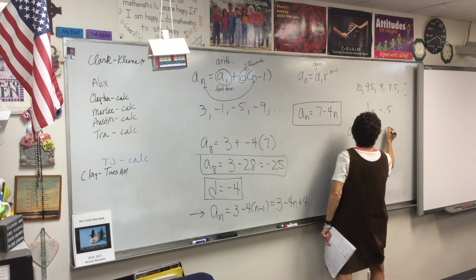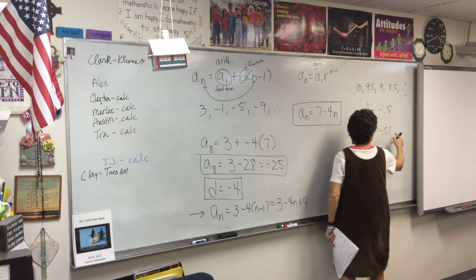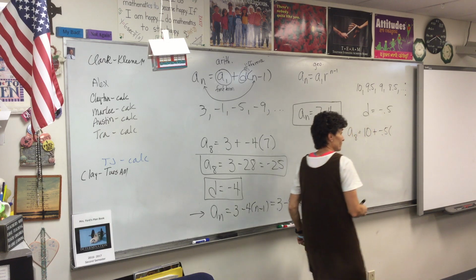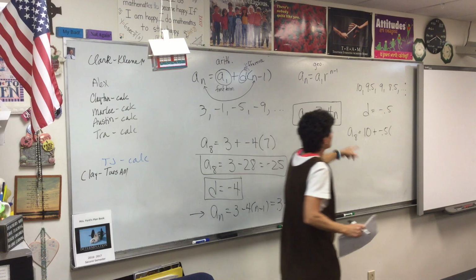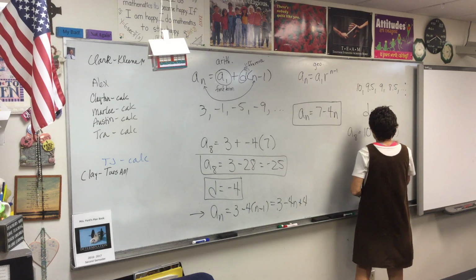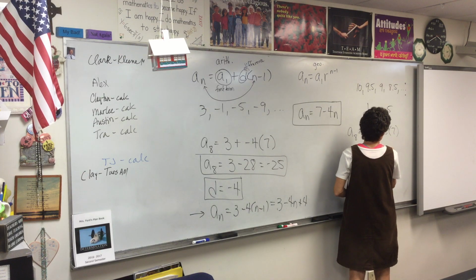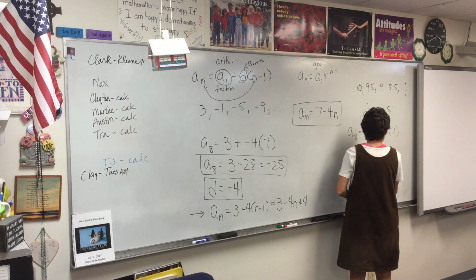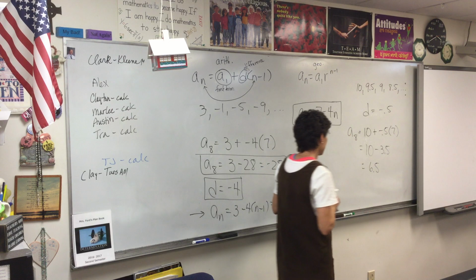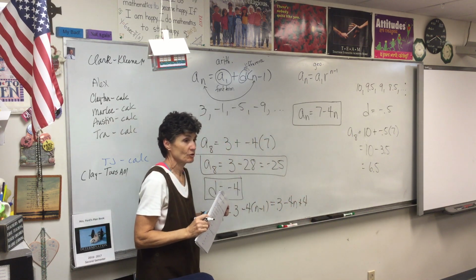You said the common difference was negative 0.5, and then what will n minus 1 be? n is 8, so that's going to be 7, yep. So 10 minus, what is that, 3.5? So I think, if I did my arithmetic right, that is 6.5 for the 8th term.